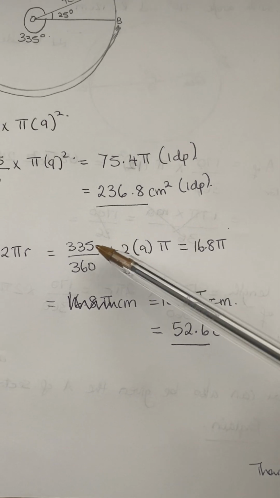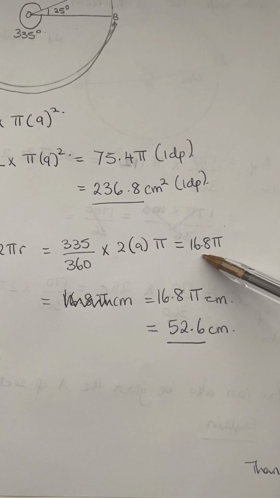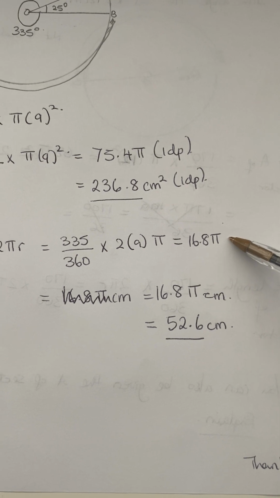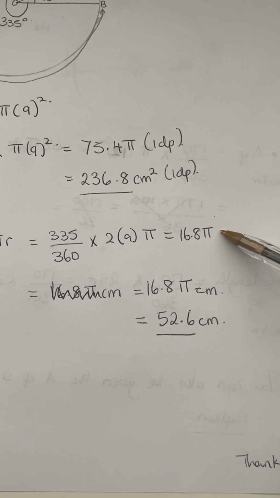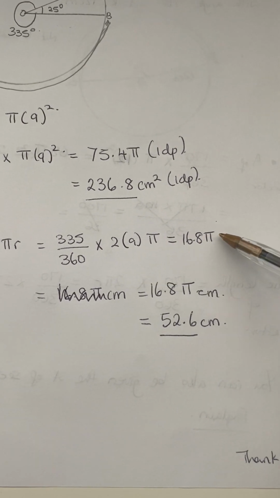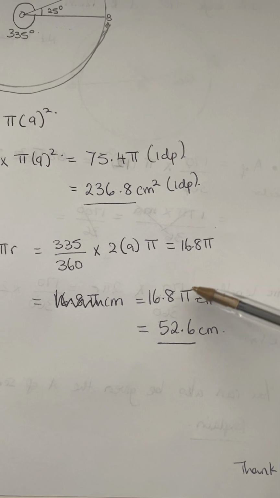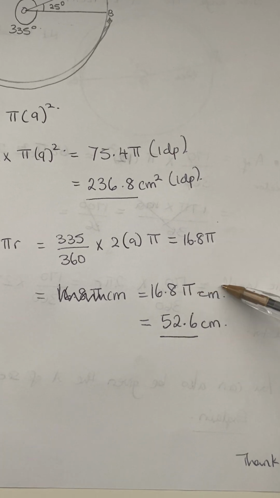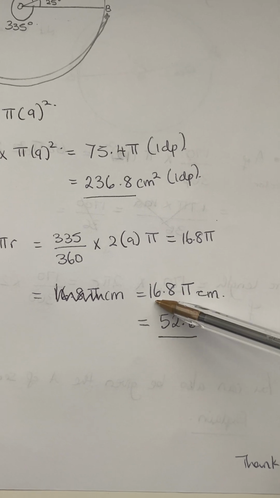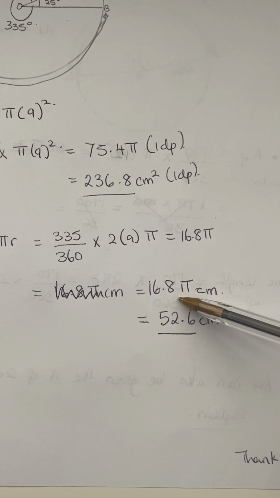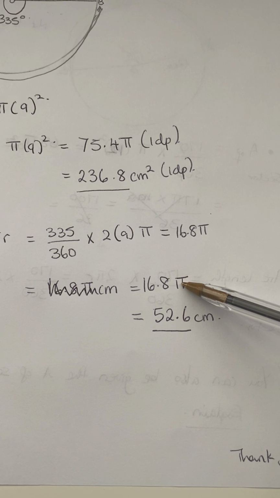If you do it, you get 16.8 pi centimeters. But if they don't ask you to leave your answer in pi, you can have 16.8 times pi.